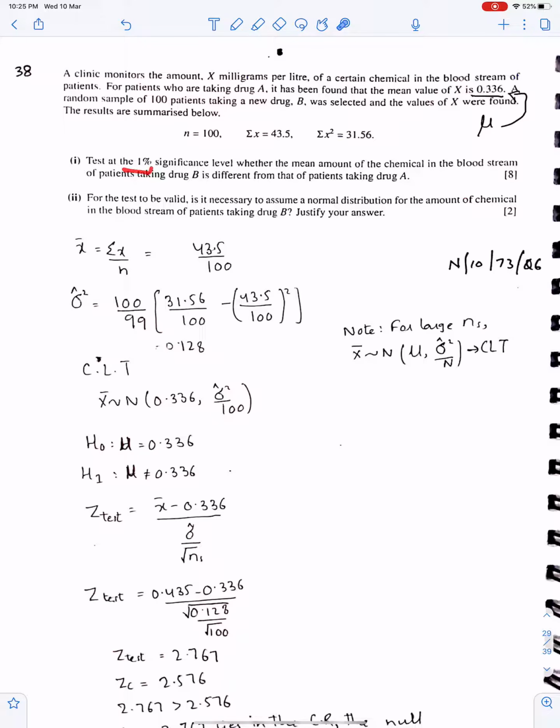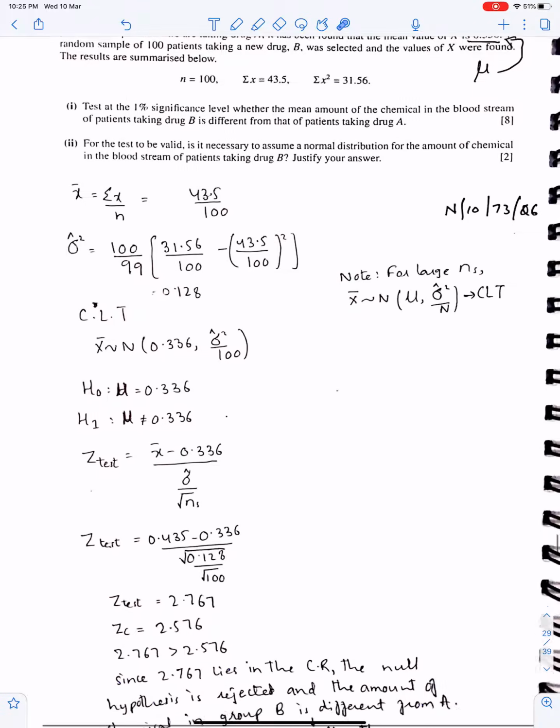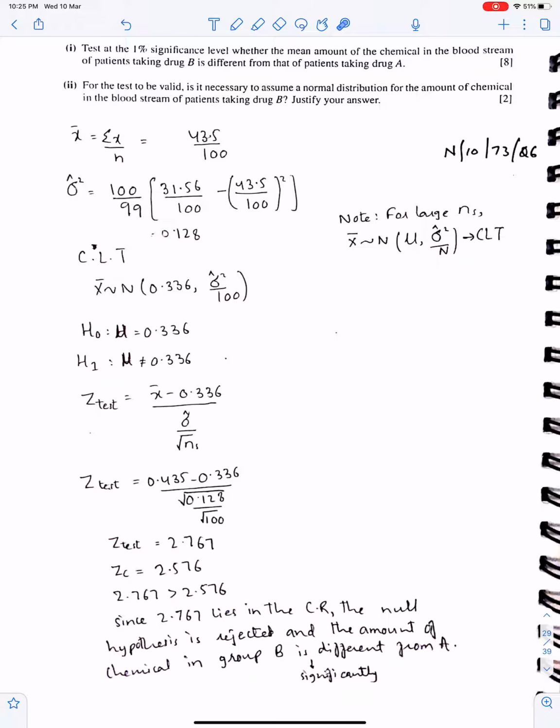Test at 1% significance level whether the mean amount is different. Different means not equal sign. Different means like change. So H naught is this and H1 has not equal sign. So this is the Z test. We have X bar, it's here, and the Z test is 2.767, whereas Z critical is 2.576.